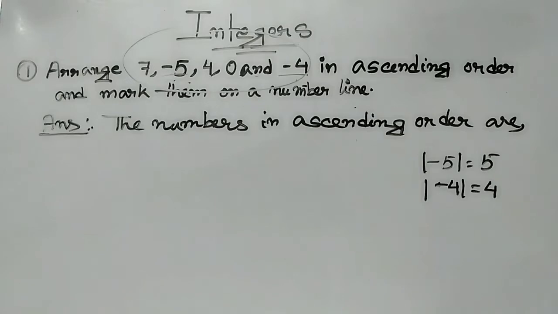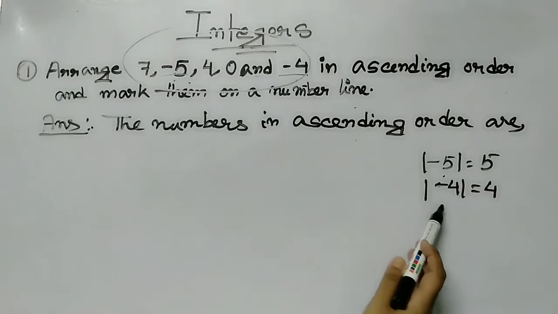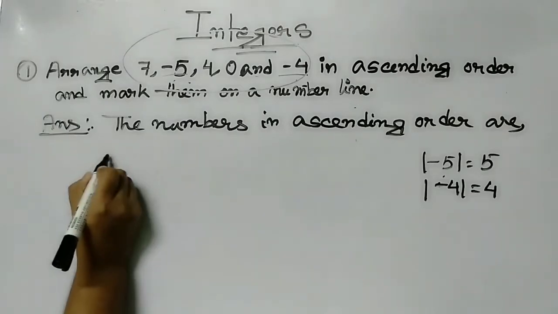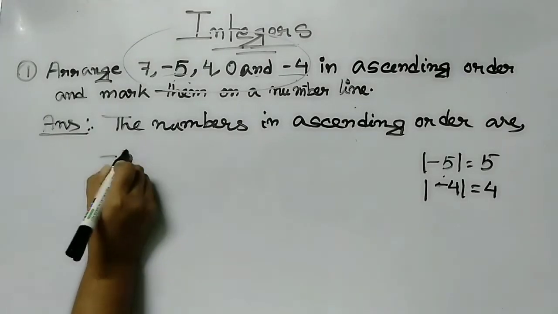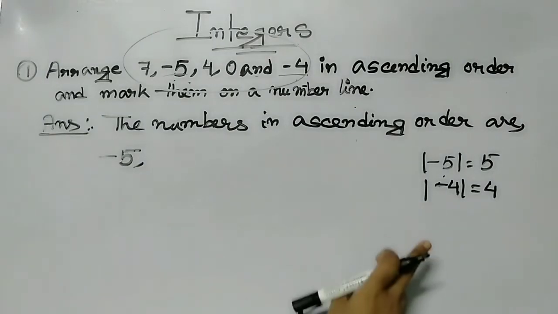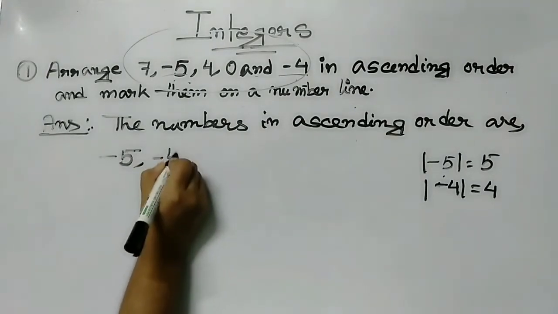So, what is the smallest? Whose absolute value is greater? This negative integer is the smaller integer. That is, absolute value of minus 5 is greater than absolute value of minus 4. So, minus 5 is the smallest negative integer. So, at first we have to write minus 5. Then, minus 4.